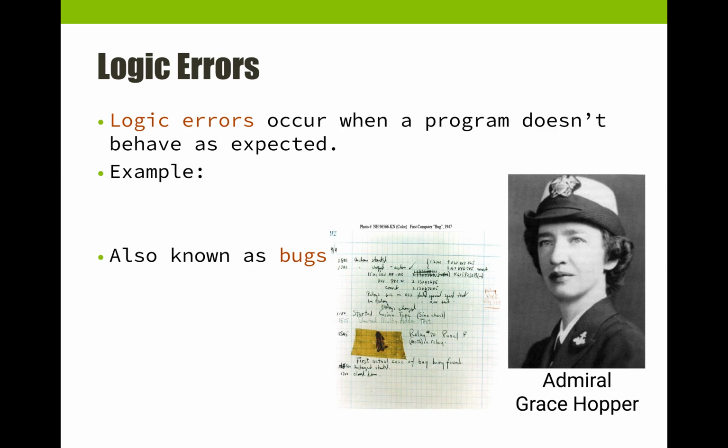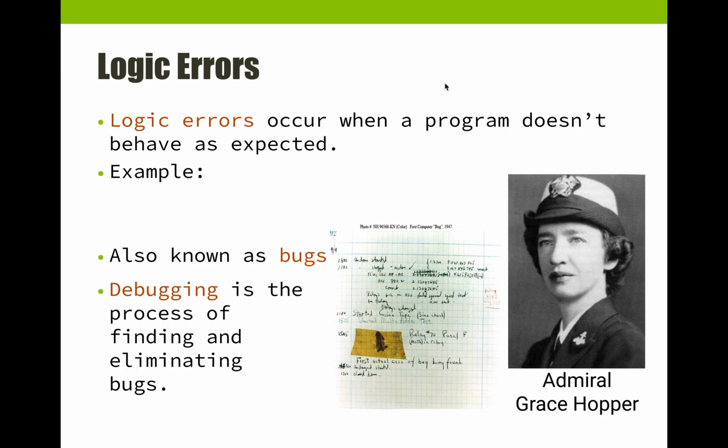It was able to start. It reached a destination. It just wasn't the right destination. Turning left, turning right, both valid commands, but you just switched those. You just gave the wrong command. So we would say a logic error is you don't get the result you want, but you gave valid commands. Debugging is the process of finding and eliminating these bugs.